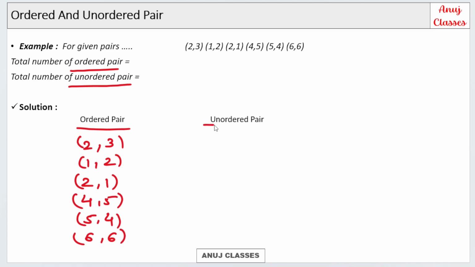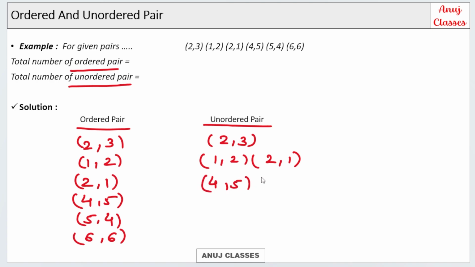Now if we write all the unordered pairs here, for 2 and 3 there is no match, but for the second option, 1 and 2, and 2 and 1, both are the same unordered pair. Then the same goes for 4 and 5 and 5 and 4, and the last one is 6 and 6.